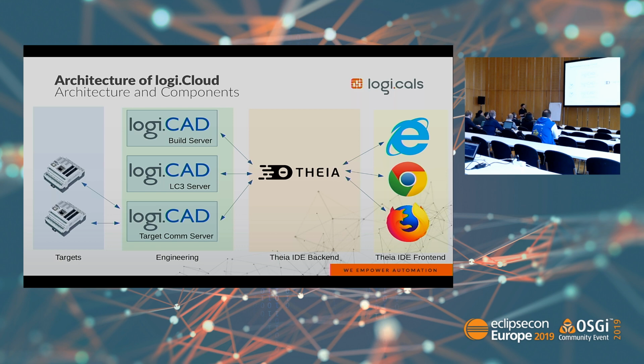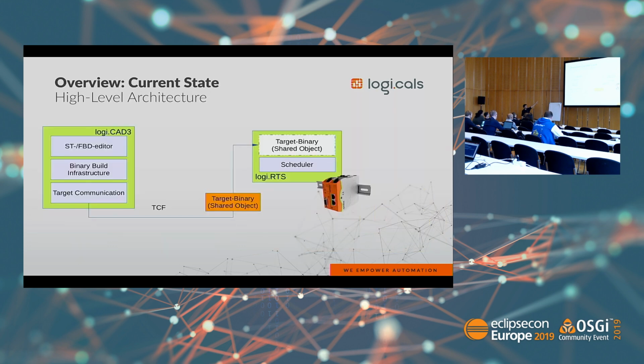Behind the Theia backend, we will use as much as possible of Logic 3 to enable users to do their PLC programming job. And these three Logic 3 instances that you can see here already correspond to the three components that Logic 3 is basically made up of.